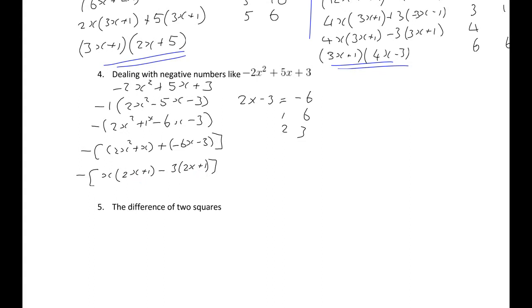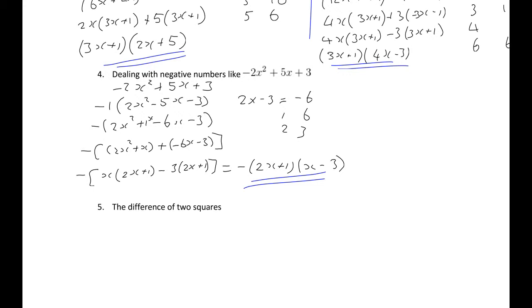They've both got a 2x plus 1. So that equals, minus is still there, 2x plus 1, and we've got x minus 3. And there we go. That question's done. Now, it could be written as minus 2x minus 1 times x minus 3. That would be acceptable, although I would always have brought that minus sign out. Or it could have been written as 2x plus 1 times minus x plus 3, or 3 minus x. Again, acceptable. I think this is a much nicer way of seeing it, though. There we go.